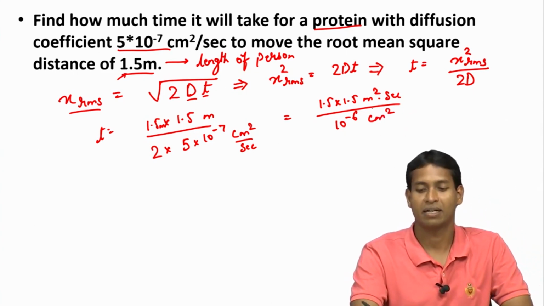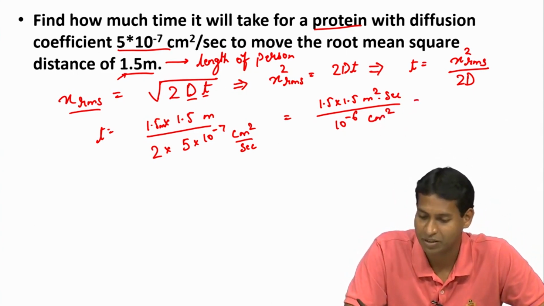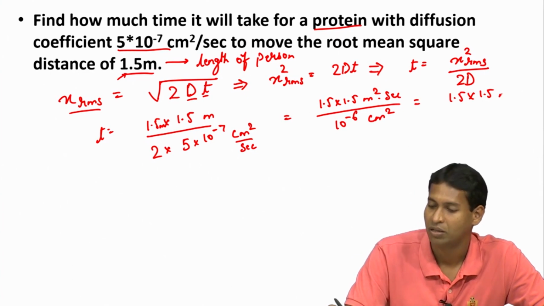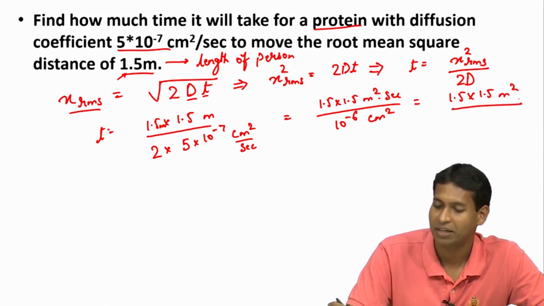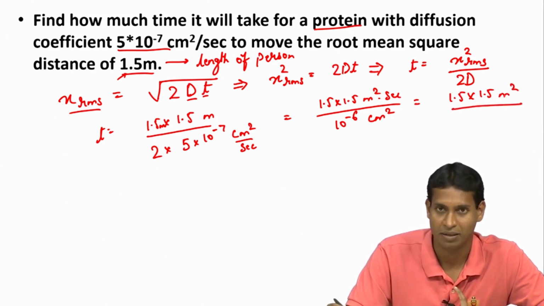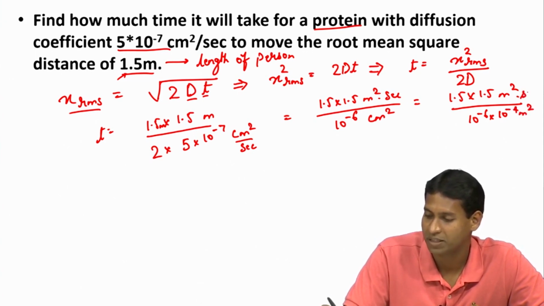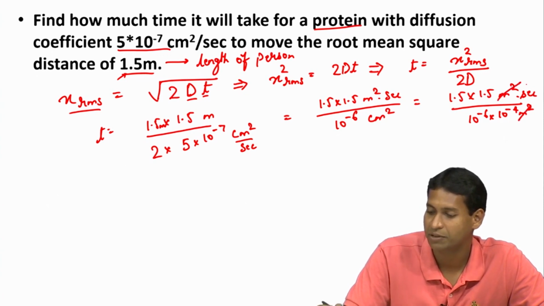Now I can't cancel this until they are in the same unit. So I can then change this to 1.5 multiplied by 1.5 meter square divided by, so 1 centimeter is 10 to the power minus 2 meter. So that will become 10 to the power minus 6 multiplied by 10 to the power minus 4 meter square, and of course second here. So now the meter square can get cancelled.